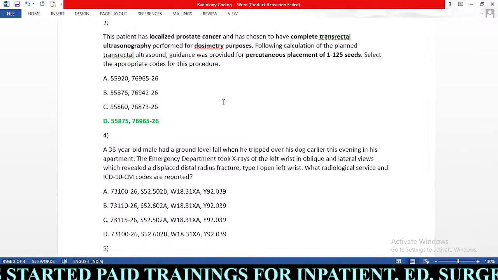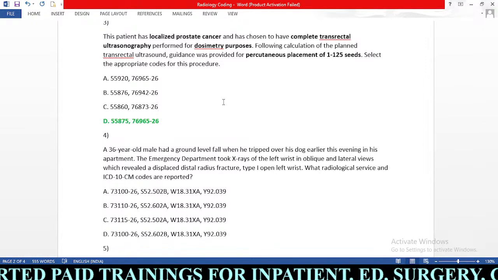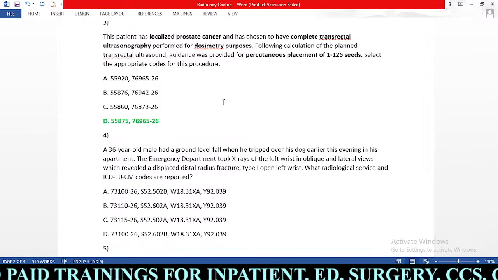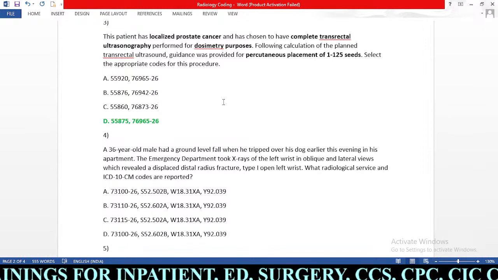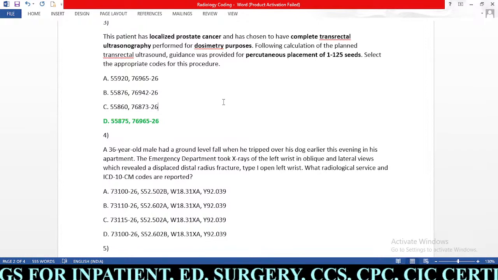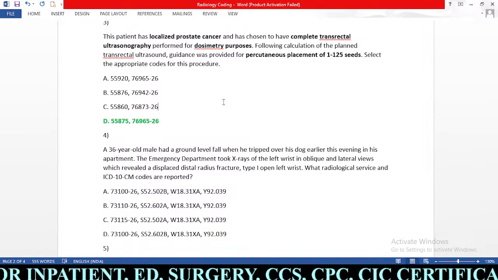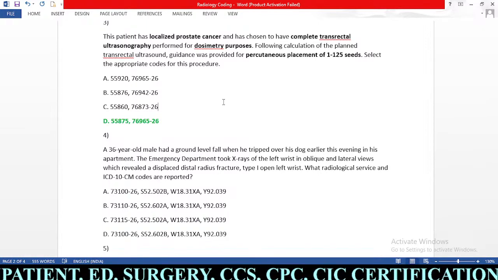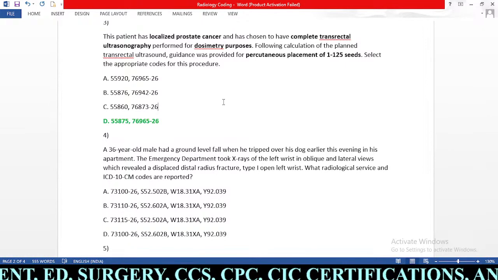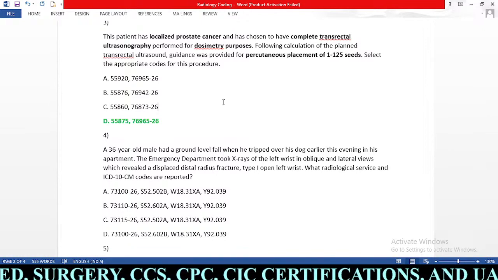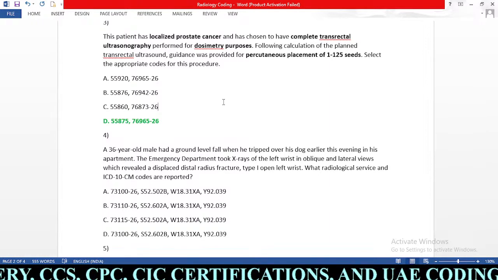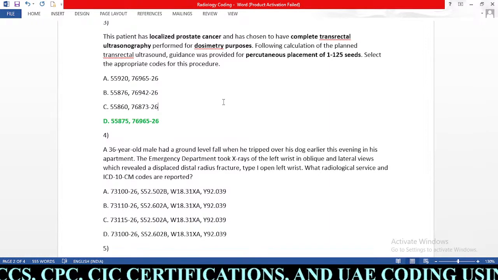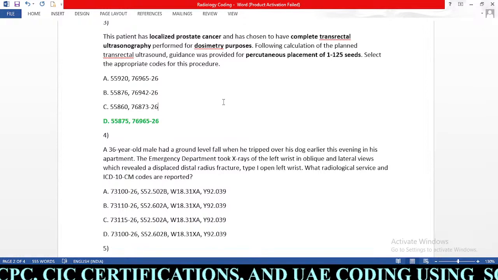So try for the fourth question. If you don't understand, just watch your live session. After the session also, you can try to understand.